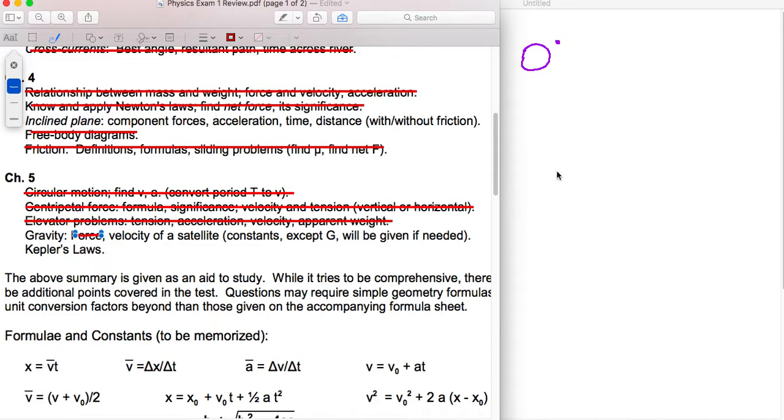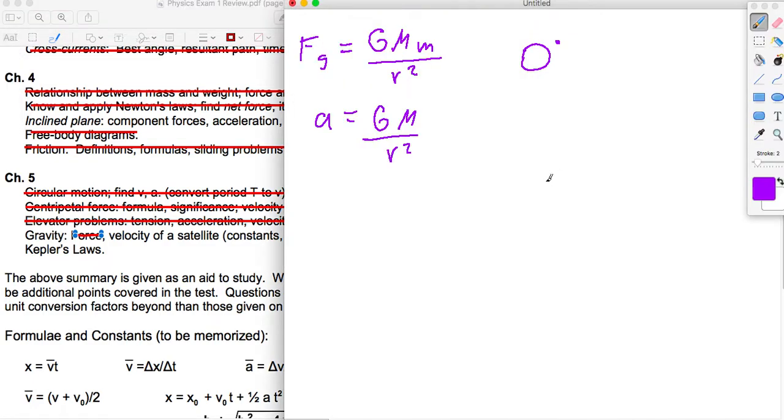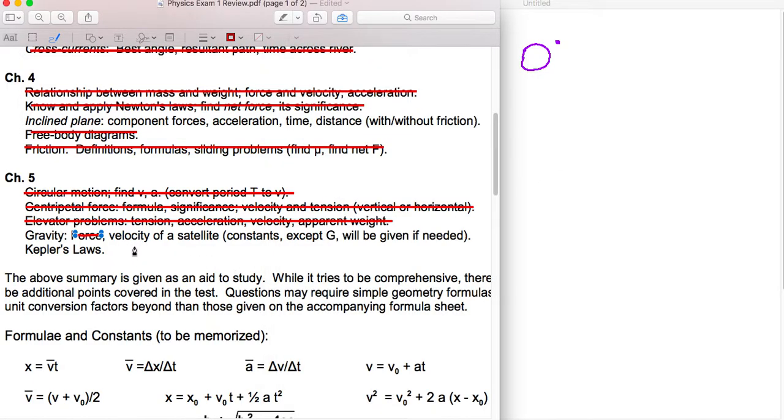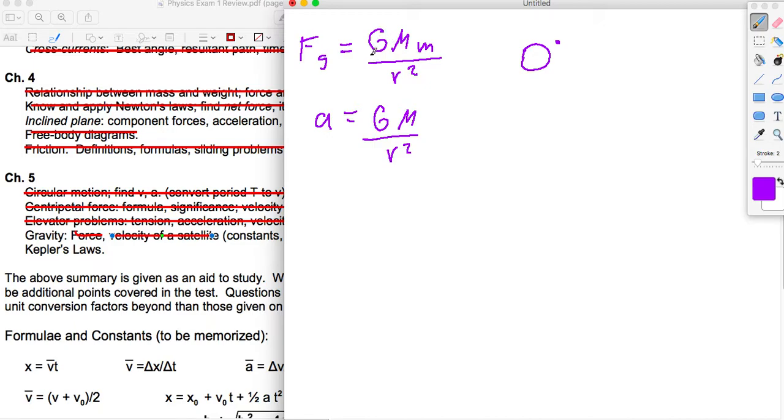Okay. Velocity of the satellite. I address how to find the velocity of a satellite in one of my videos, so I'm going to skip that here. Constants: G is the only constant that will exist. And of course, at the radius of the Earth, so right on the surface of the Earth, we know that a equals g, right?